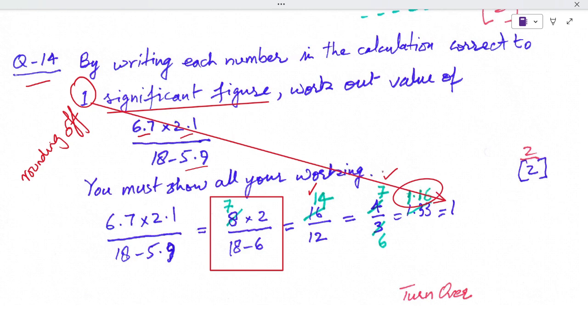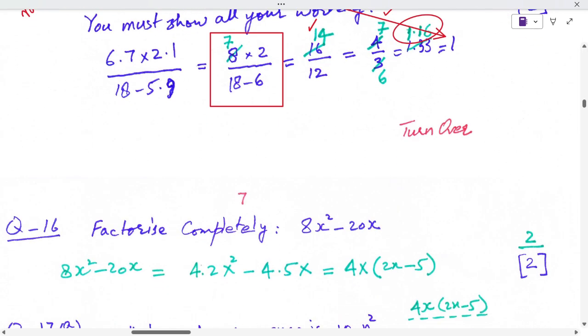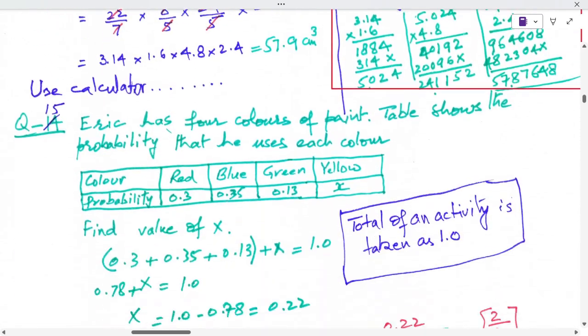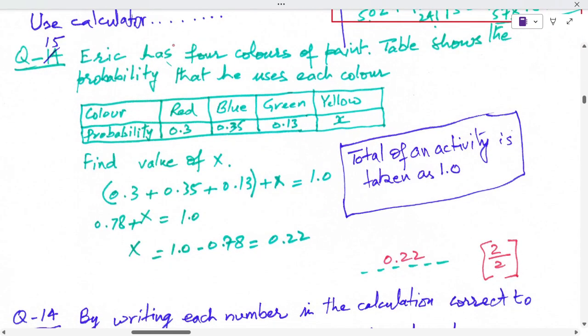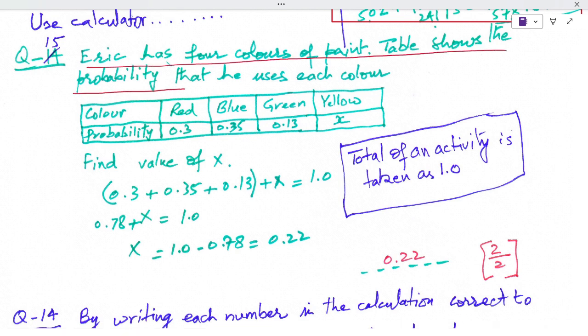Question number 15 is about probability, and the question reads, Eric has 4 colors of paint. The table shows the probability that he uses each color. The probability is given in decimal places. In this type of question, the total probability of the activity will be equal to 1.